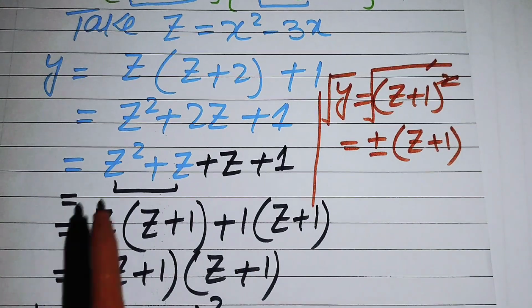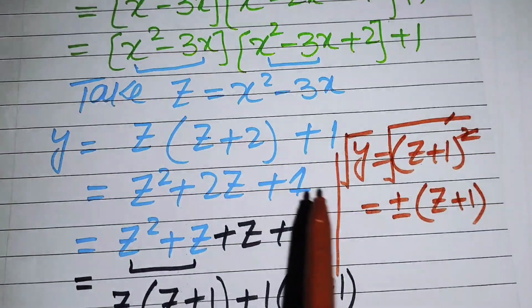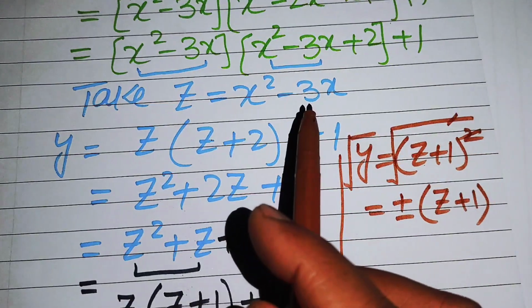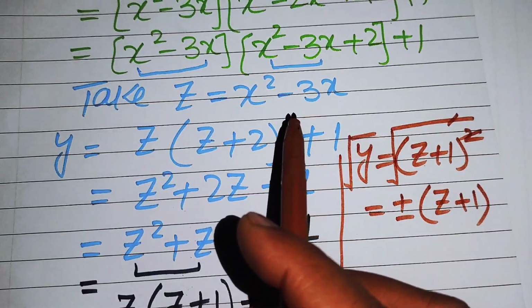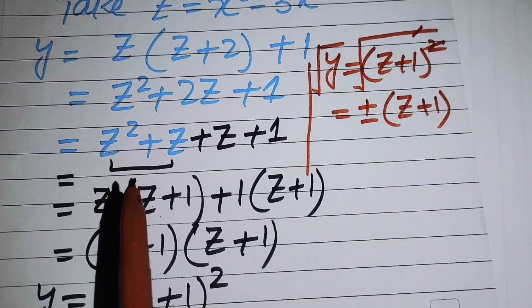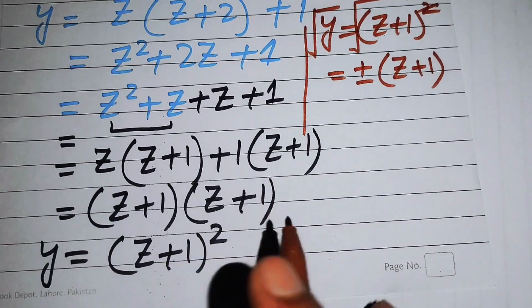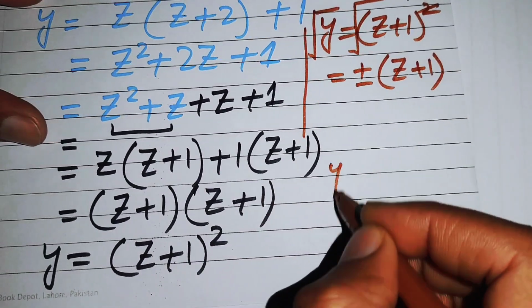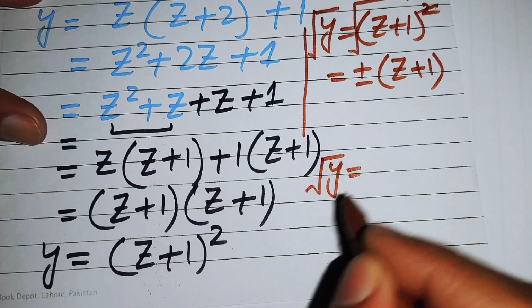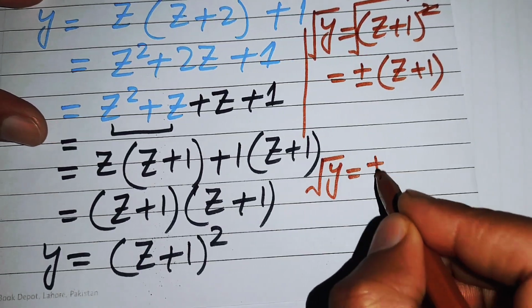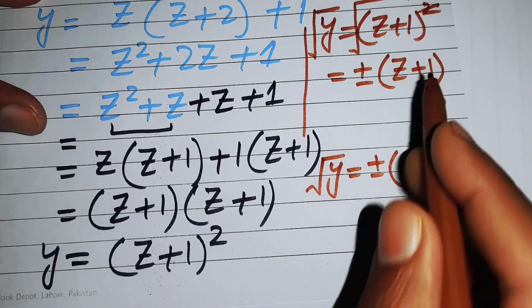And now you see that we took z equals x square minus 3x. So now we back substitute the value of z. So we have the square root of y equals plus minus (z plus 1).